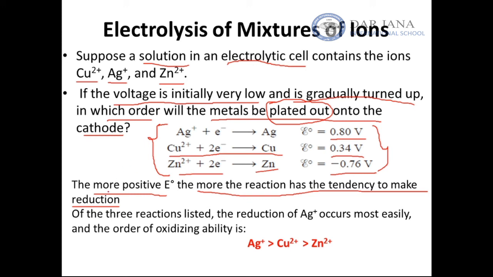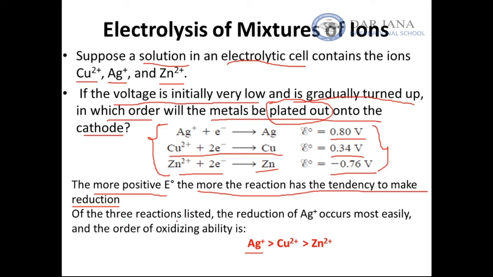The electrons and the ions are to the left of the arrow and the metals, the solids, are to the right of the arrow. So Ag has the highest E value, the most positive, which means that it is in the first order. It's the first metal that is plated out.